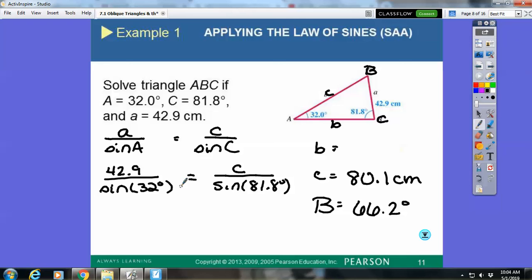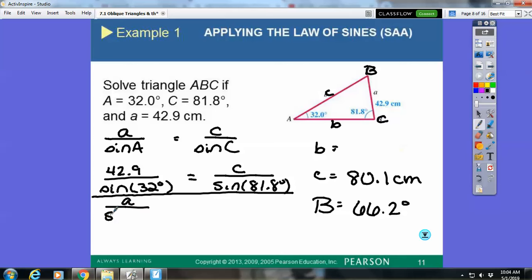Is that one okay? We also need to find b. A lot of times when we had 2 sides, we do the Pythagorean theorem to get the third. Why can't I do that? It's not a right triangle. But I can do the law of sines.